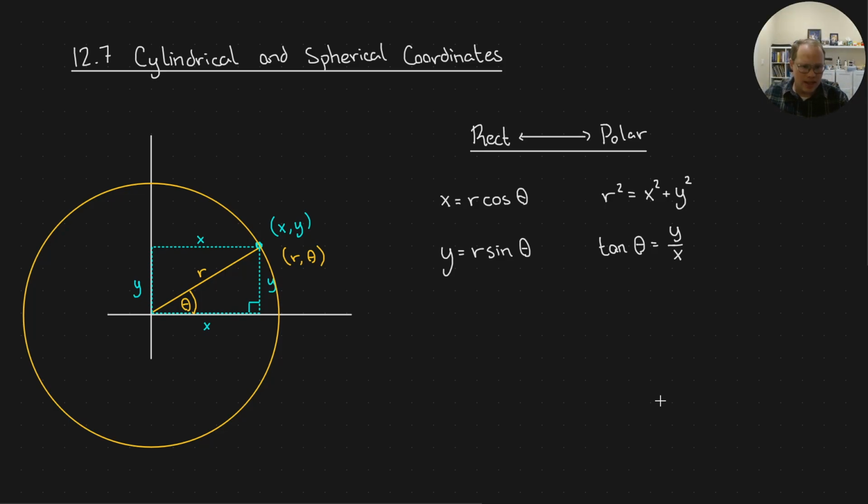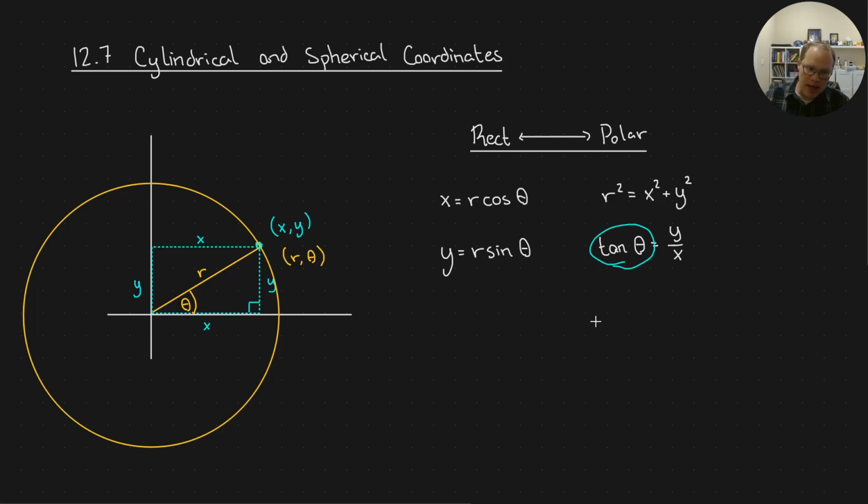Notice something interesting about these, and this pattern will carry over to when we go to cylindrical and spherical coordinates also. Notice x and y, we can find them exactly, right? R cosine theta, that is exactly x. R sine theta, that is exactly y. But on this side, we're not finding exactly r or exactly theta. We're finding r squared. We're finding tangent of theta, okay? And that gives us multiple possibilities.